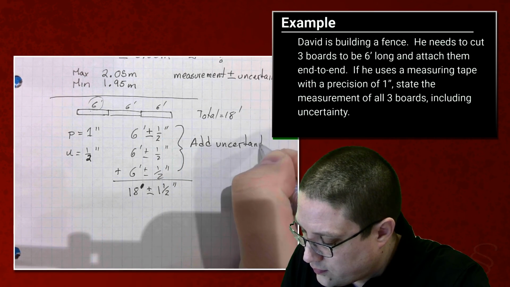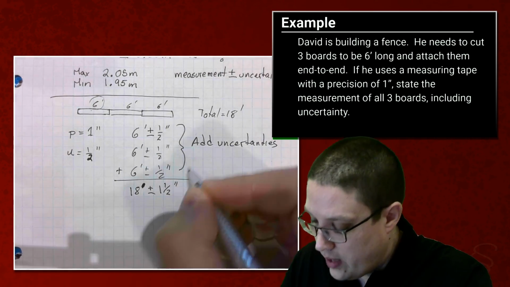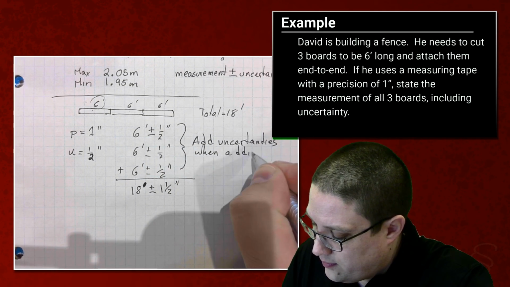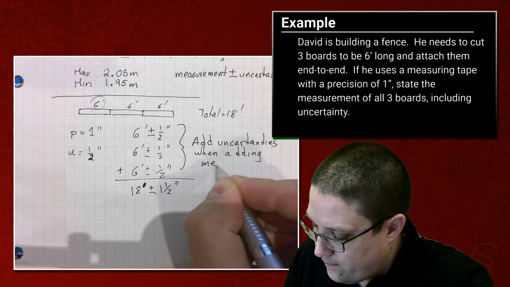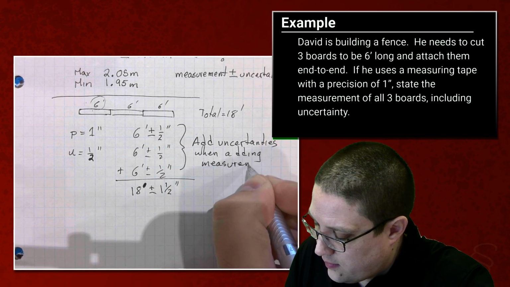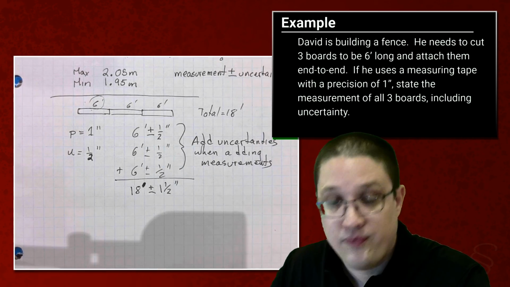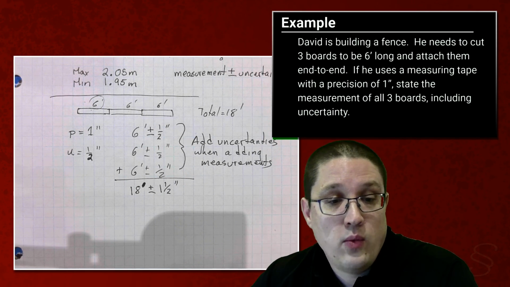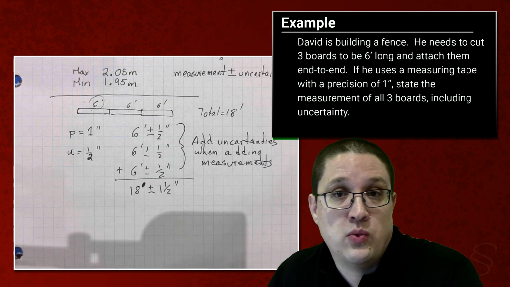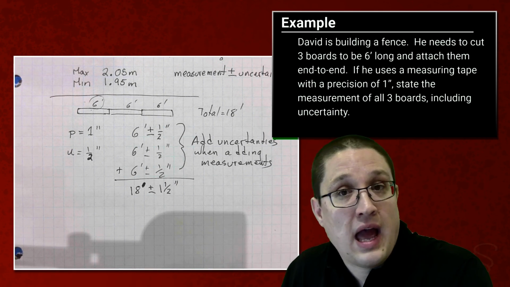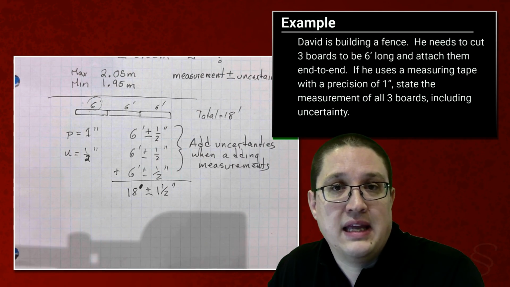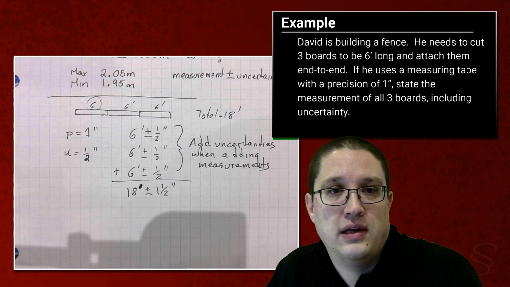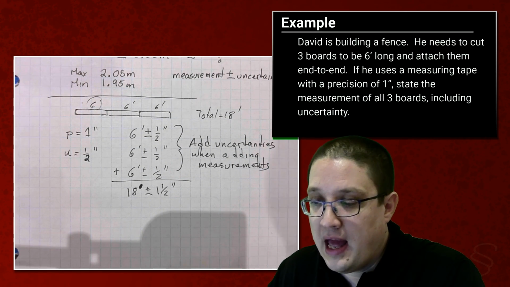When we add the measurements as well, this is an important step. When we're adding measurements with uncertainties, my measurements get less precise the more of them I have.